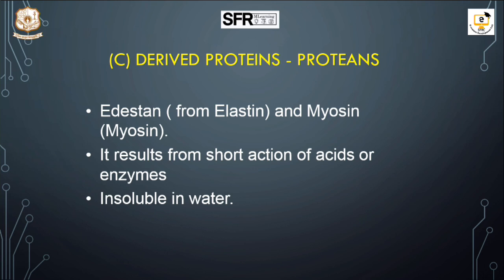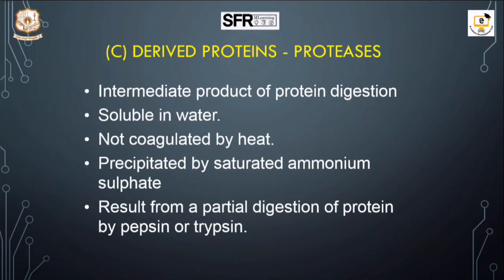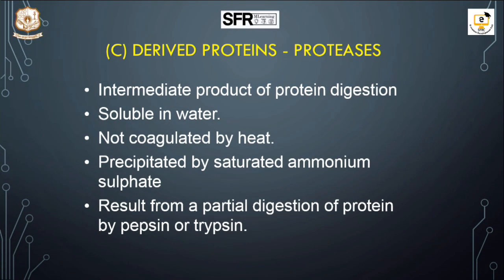When hydrolysis is carried out by acids and enzymes, we get derived proteins. They are insoluble in water. In the digestive process, the derived proteins are an intermediate product in protein digestion. They are soluble in water and not coagulated by heat. Proteoses are precipitated in saturated ammonium sulfate solutions.